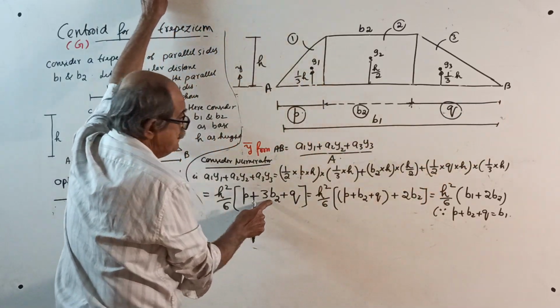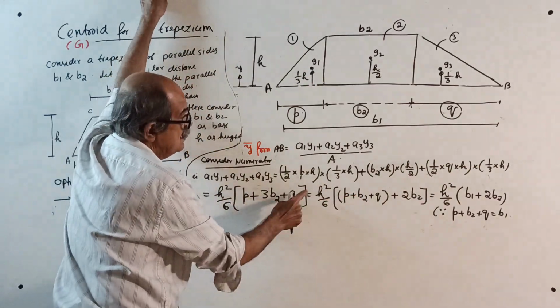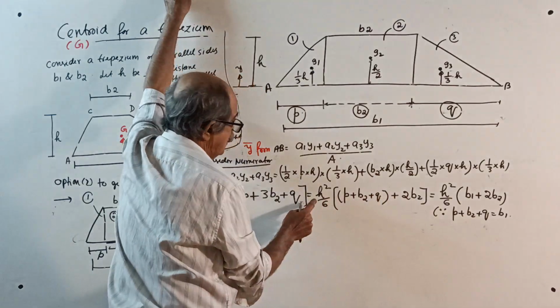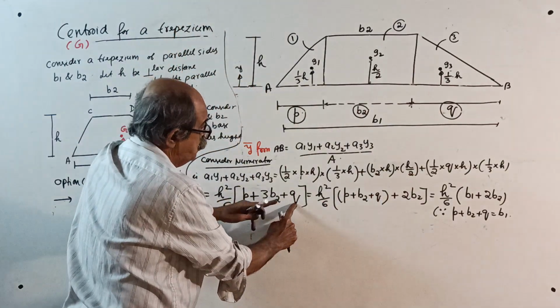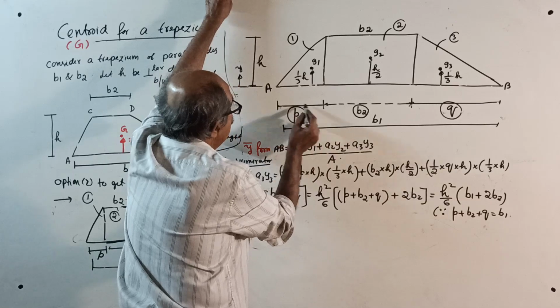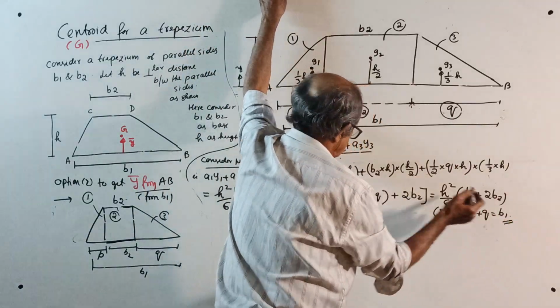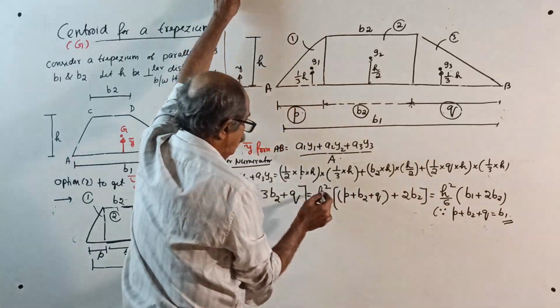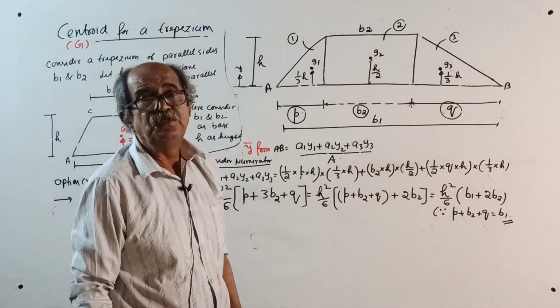So you split this 3B2 as once B2 with P and Q, then separately write 2B2. P plus B2 plus Q is B1. So it becomes H square by 6 into B1 plus 2B2. This is the numerator.